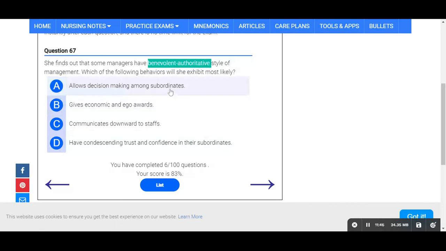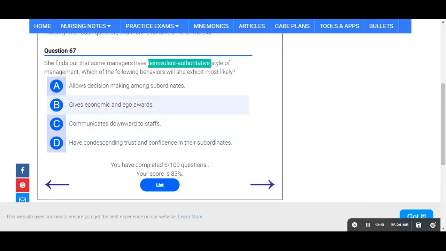I'm not sure about making decision. I don't think so. This is authoritative, so she makes all the decisions herself. It could be that she gives economic and ego awards, or it could be having condescending trust and confidence in their subordinates. It's among these two that I am doubting about.